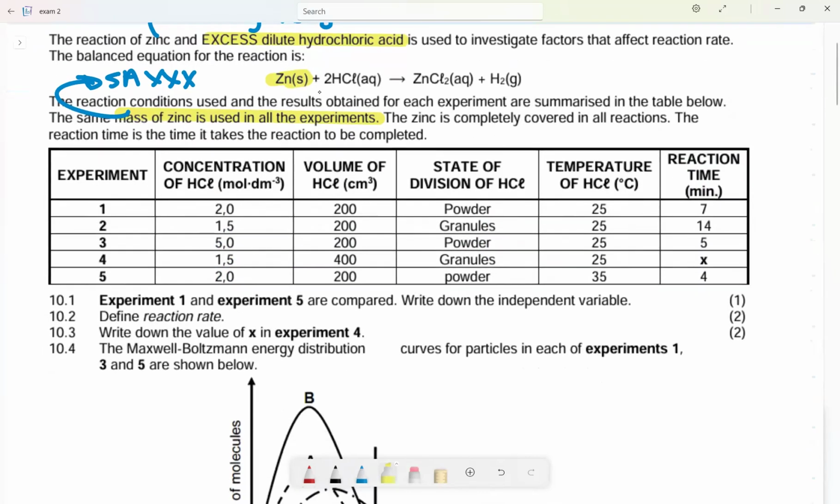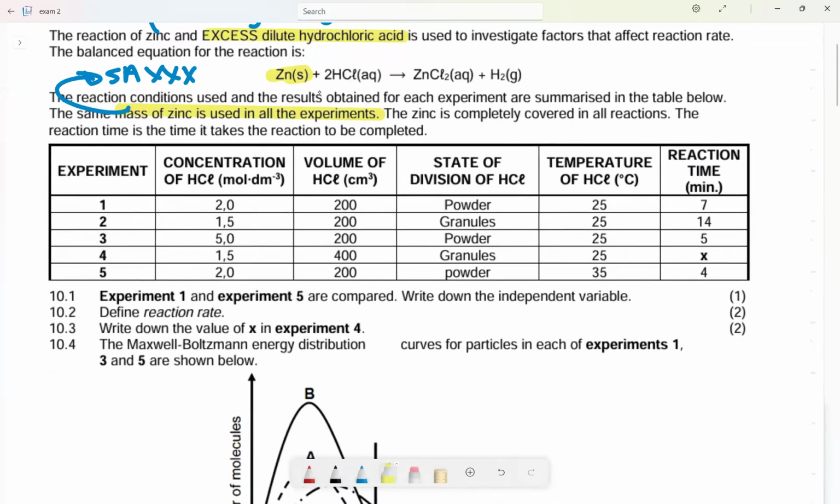We won't interpret now. Another thing that I want you to be aware of is fair and unfair comparison. Remember, volume is not a factor.